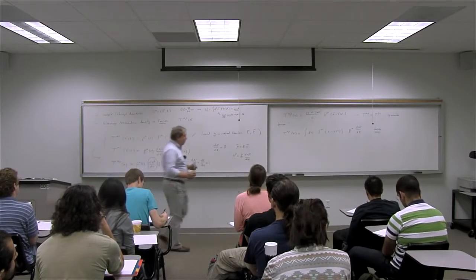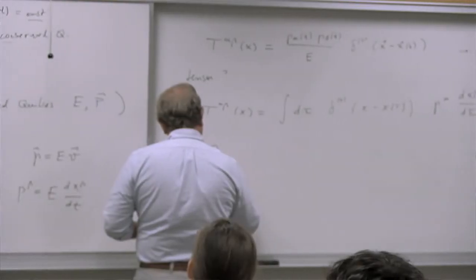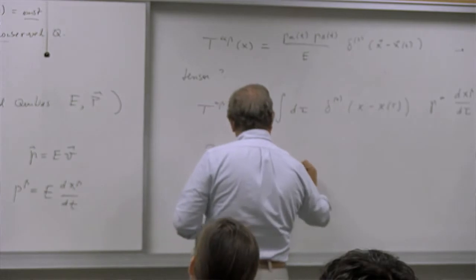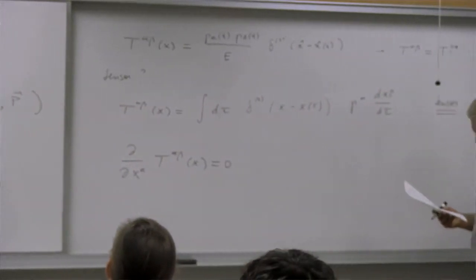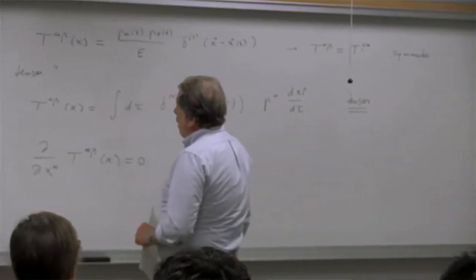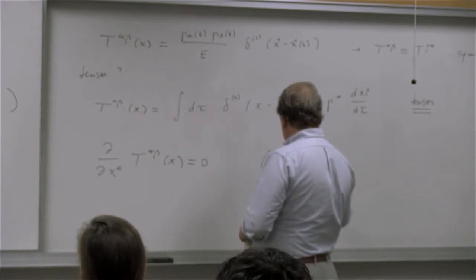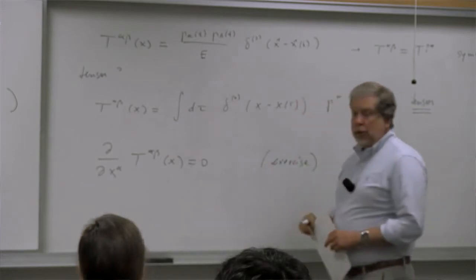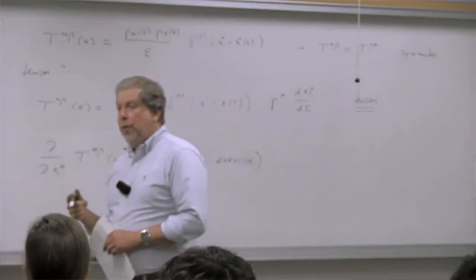And so now the other thing we want to show is that d by dx alpha, T alpha beta of x is equal to 0, right? And well, this is again an exercise. And how is this exercise going to be done? Well, it is going to be done the same way we did it for electromagnetism.